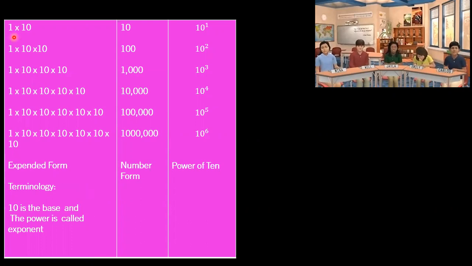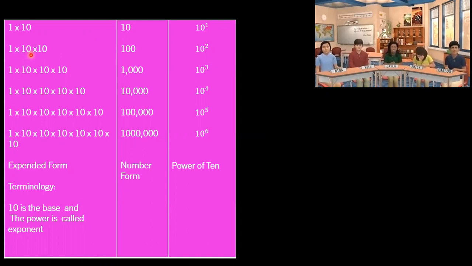If we multiply 1 by 10, it's going to be 10. So 10 times 1 is always 10. Let's do 10 times 1 more time 10.